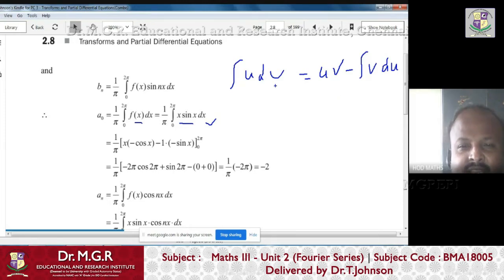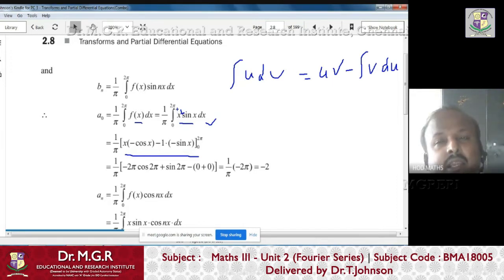If it is only x sin x, it's okay, manageable. But if it is x square sin x or x cube sin x, then it is very difficult to apply integration by parts, because each and every time you have to apply it again and again. So I will tell you one simple formula. Try to mug up this formula.